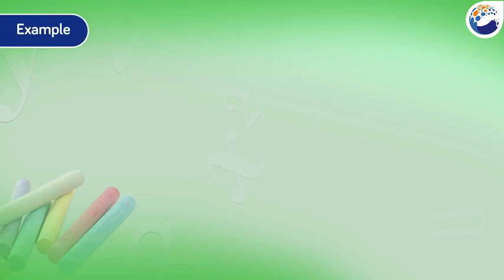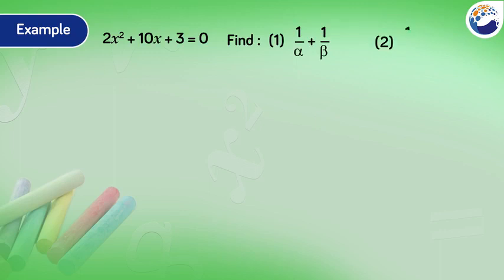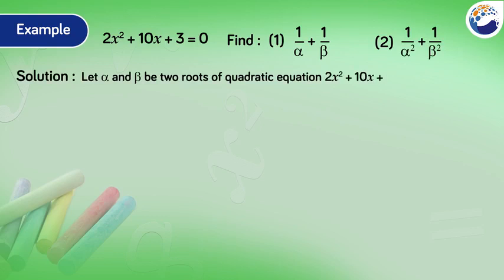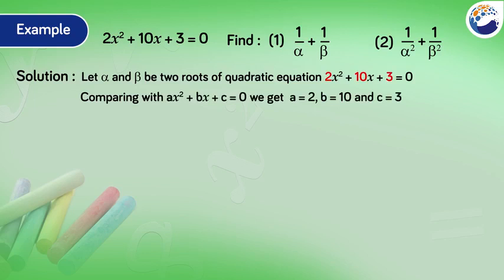Example: 2x square plus 10x plus 3 is equal to 0. Find number 1, 1 upon alpha plus 1 upon beta. Number 2, 1 upon alpha square plus 1 upon beta square. On comparing with ax square plus bx plus c is equal to 0, we get a is equal to 2, b is equal to 10, and c is equal to 3.